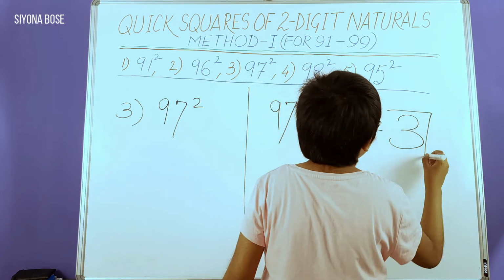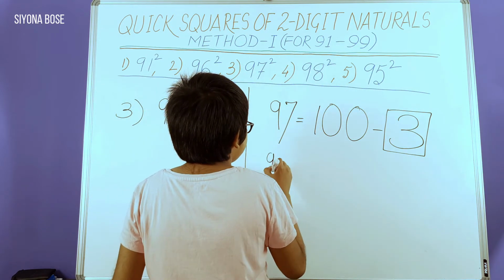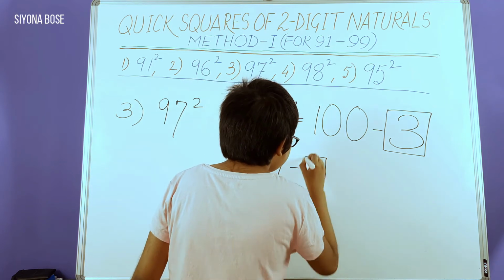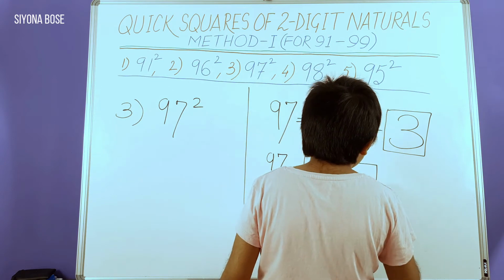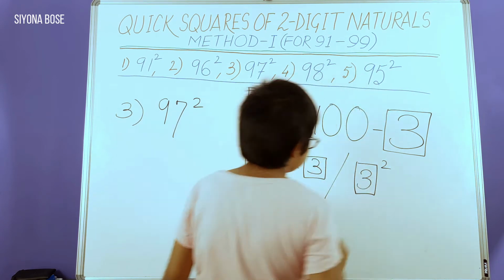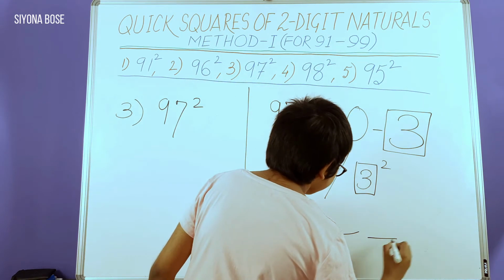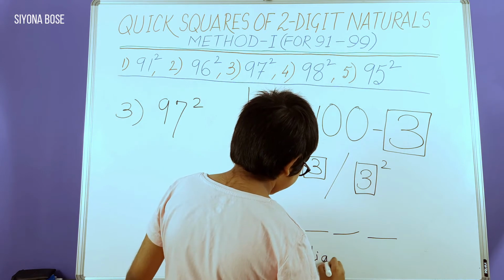I'm blocking up the 3 again because it's useful. 97 minus the blocked 3, and slashing it because it's a different segment, 3 squared. But look carefully. Same thing. Everything is same.